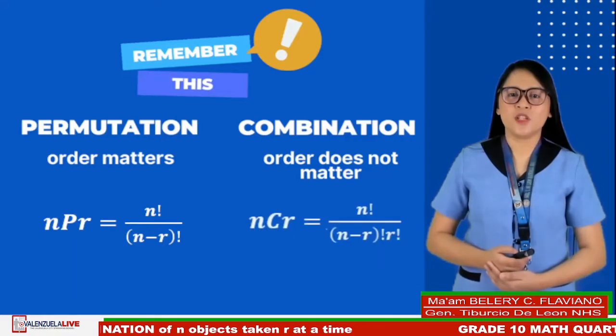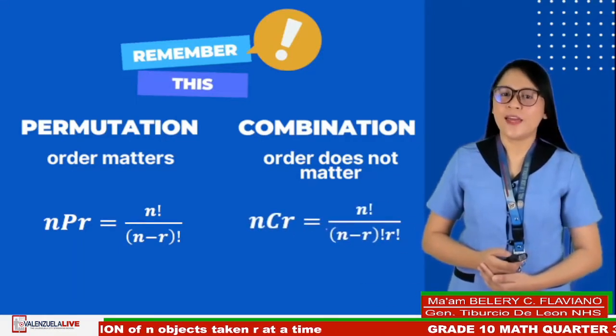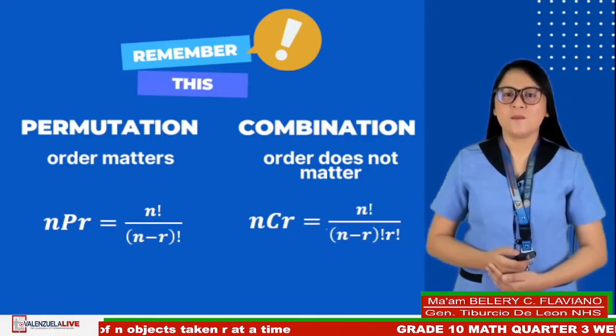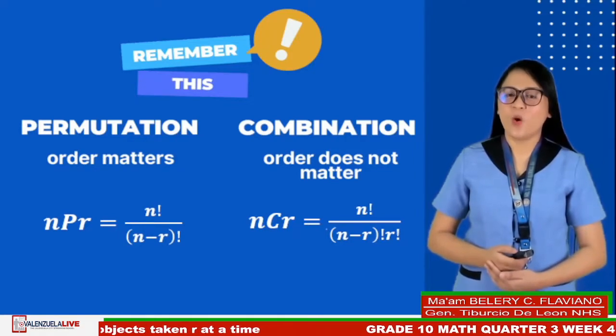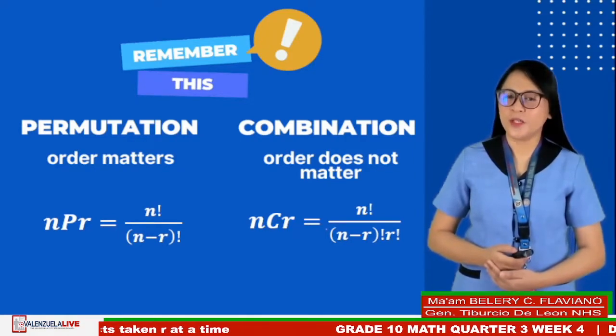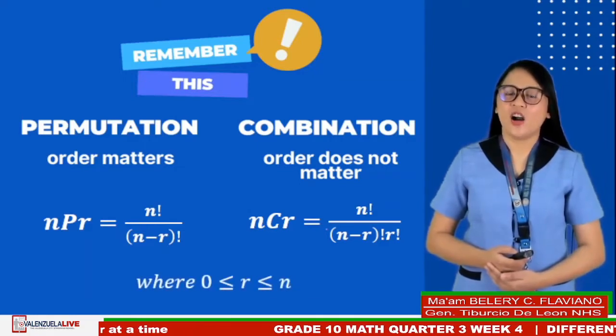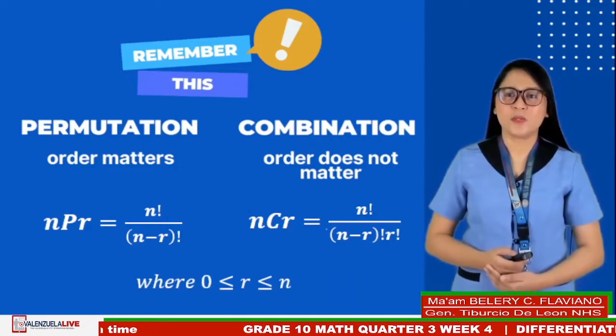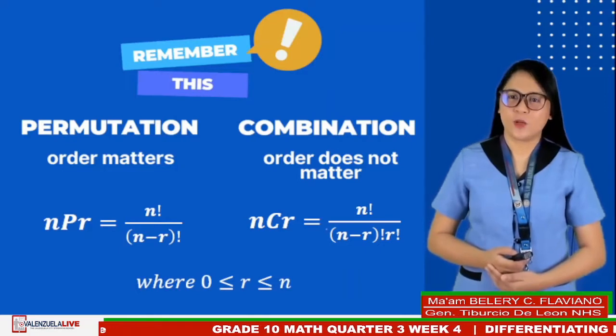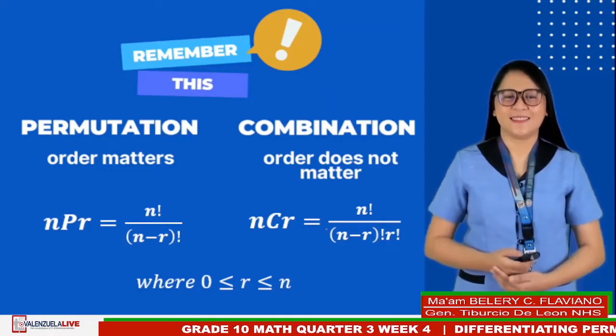While the combination formula is n choose r equals n factorial over n minus r factorial times r factorial. Remember that r is greater than or equal to 0 but less than or equal to n.